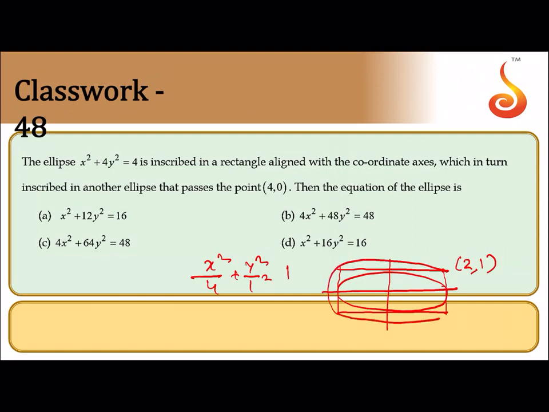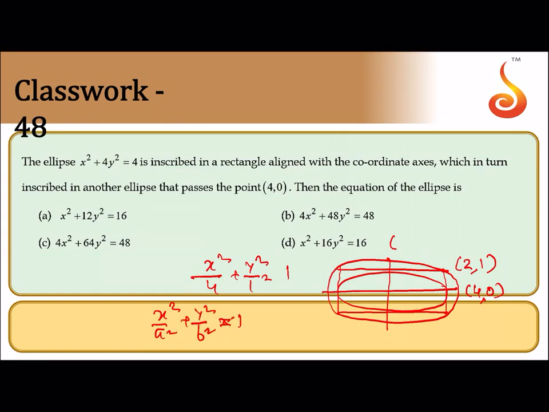And this rectangle is in turn inscribed in another ellipse that passes through (4, 0). This point is (2, 1) and this is (4, 0). So from that, for the equation of the ellipse, you know the 2 points.